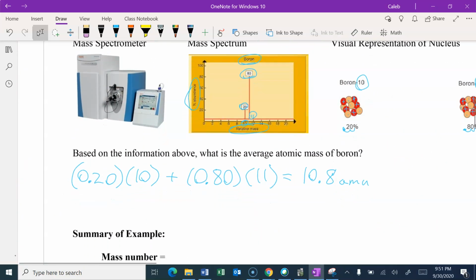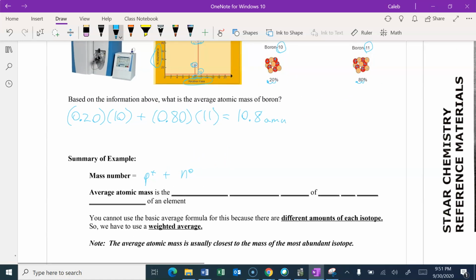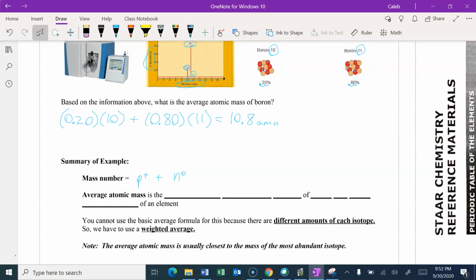All right, so the summary of that example we just went through. The mass number is the number of protons plus the number of neutrons. Make sure that you know that. The average atomic mass is not the same thing. Make sure you know this.